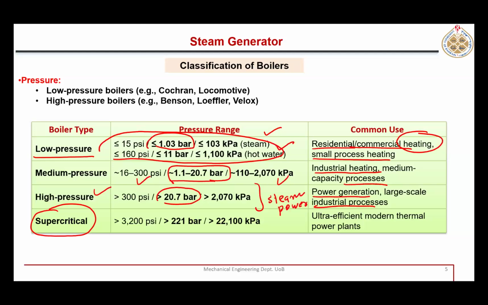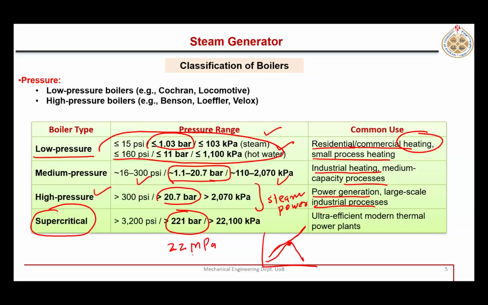But here, the supercritical, we saw one TS diagram of a supercritical cycle in chapter 2, if you remember. So those are very high pressure boilers. High pressure means here when the pressure is higher than the critical pressure of water. The critical point of water is about 22 megapascal.